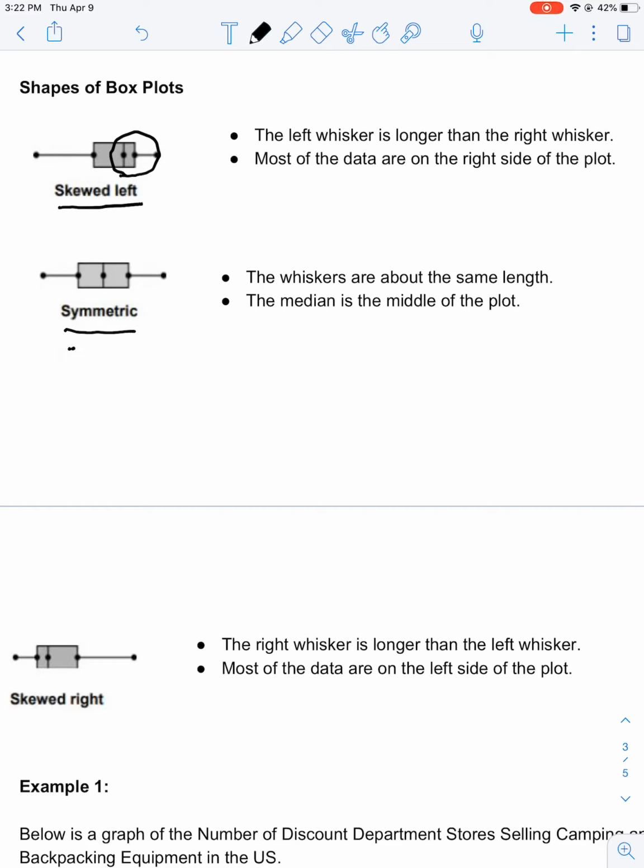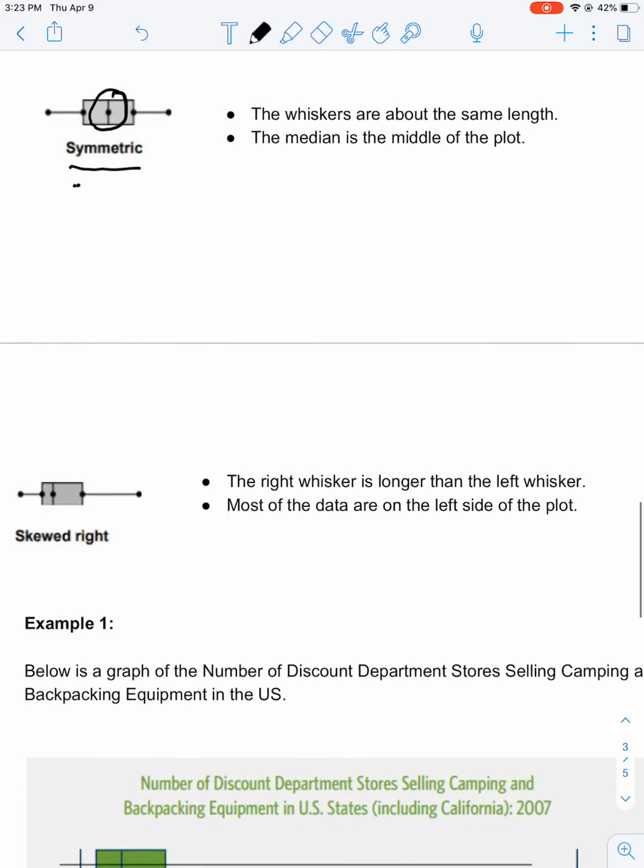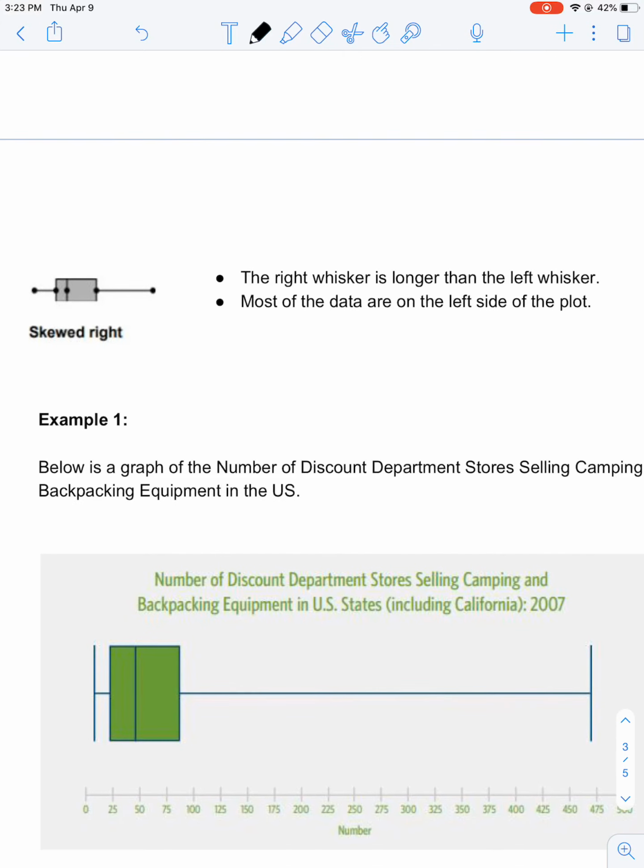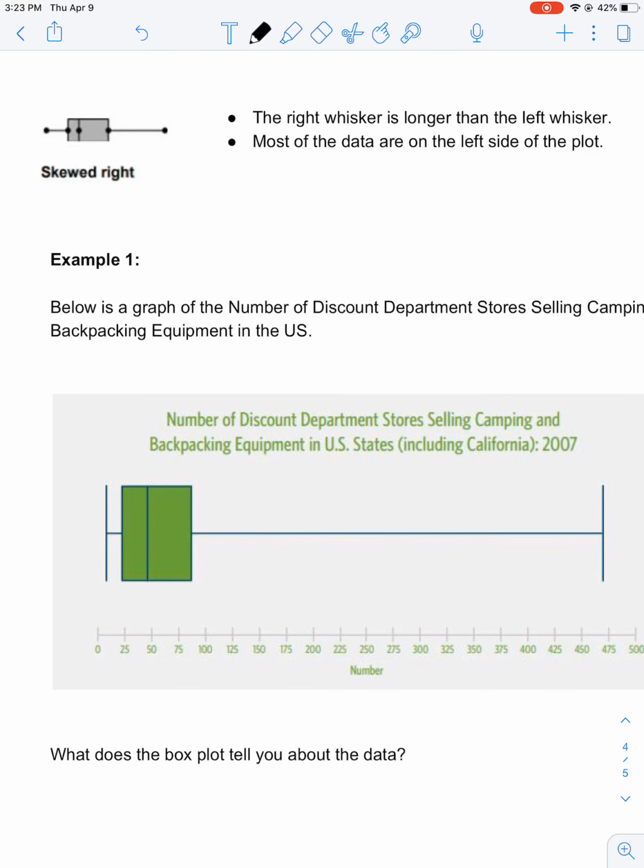Notice that the median is about right in the middle there. And then the third one that we have, you guessed it, skewed right. Okay, that means the right whisker is longer than the left, and most of the data is on the left side of the box plot, sorry.